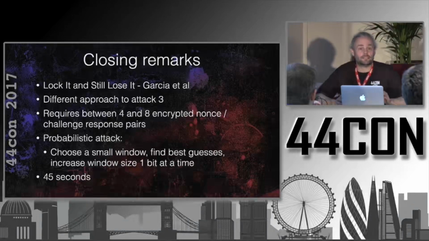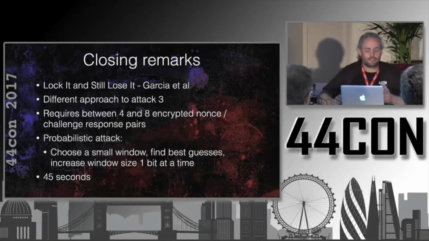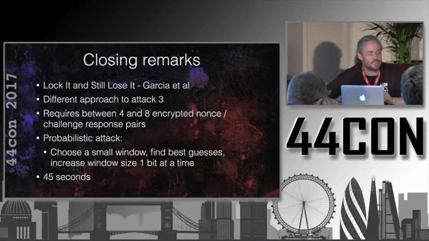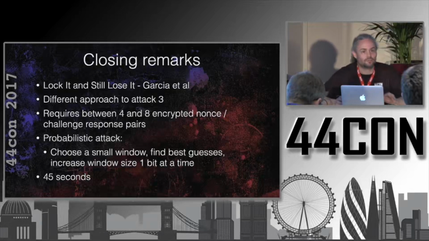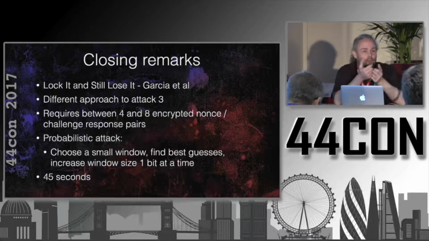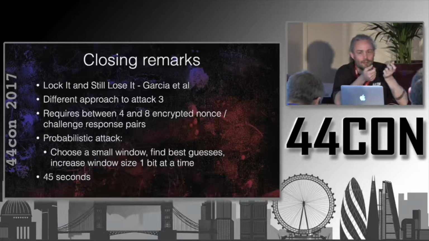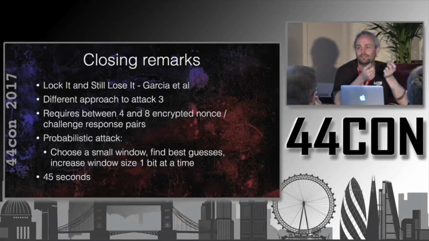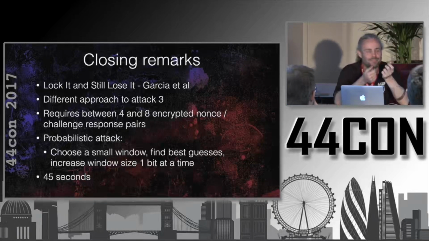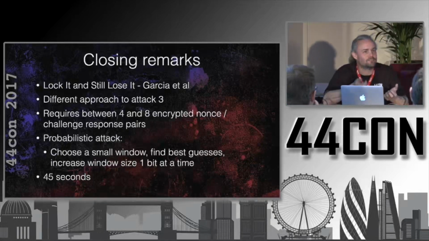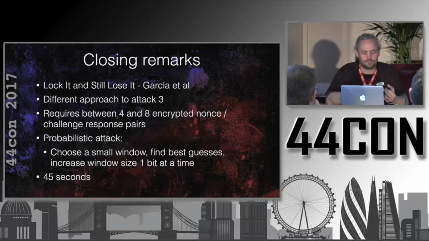Now, if you really like this stuff, this paper's 5 years old, but last year Flavio Garcia, one of the authors, released another paper called Lock It and Still Lose It, and that's a different approach. When you push the clicker to open the doors on your Volkswagen, or other car manufacturers are available, I should say, but they do own 23% of the European market, which is why they attack Volkswagen particularly.